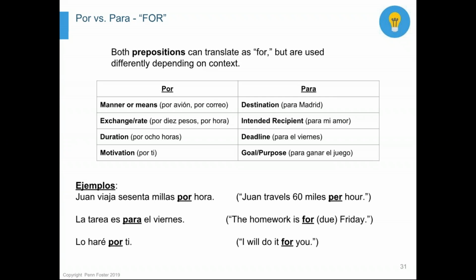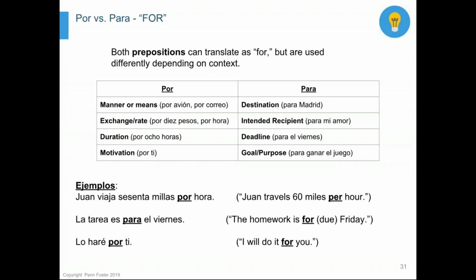And then on the right side, 4 very different uses of the word para. Again, both of them can generally mean for, F-O-R, but they are not interchangeable. If you have a destination, like if this flight is headed for Madrid, para would be used. If somebody is the recipient of something like a gift, para would be used.